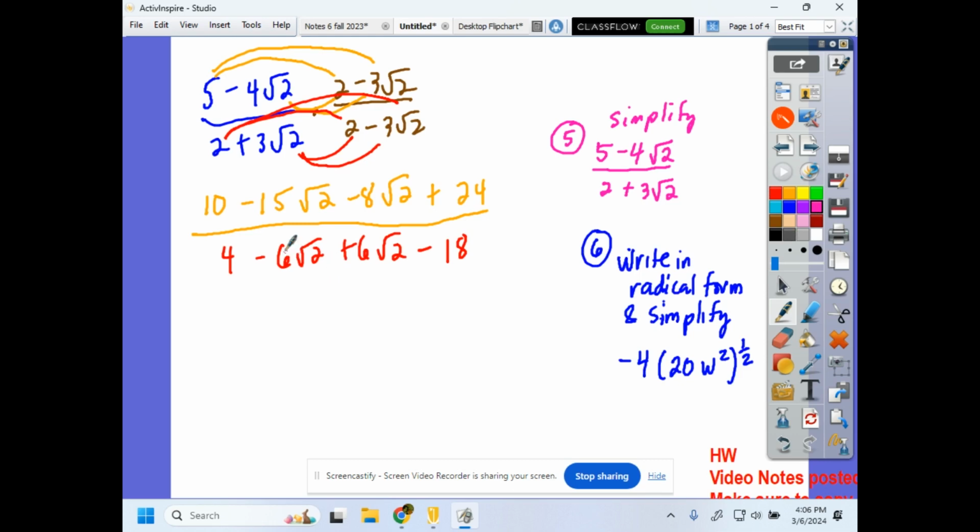Like terms, these cancel out. That will give you the bottom to be 4 minus 18, which is negative 14. These two here are like terms. So that will give you negative 23 square root of 2. 10 plus 24 is 34.